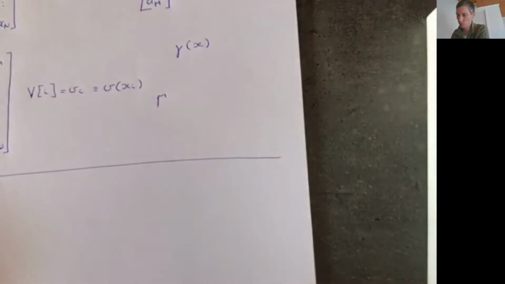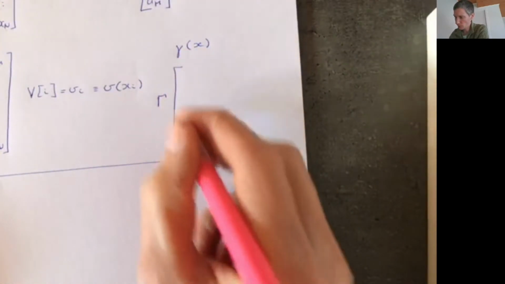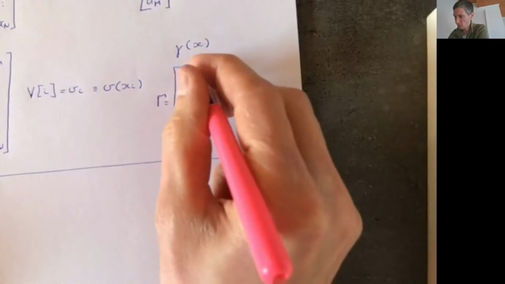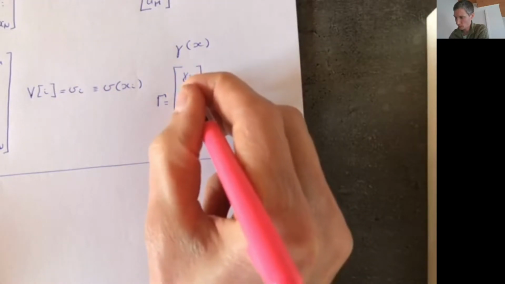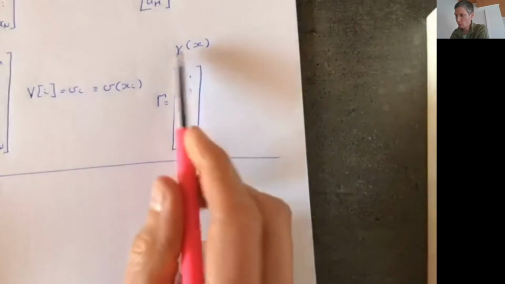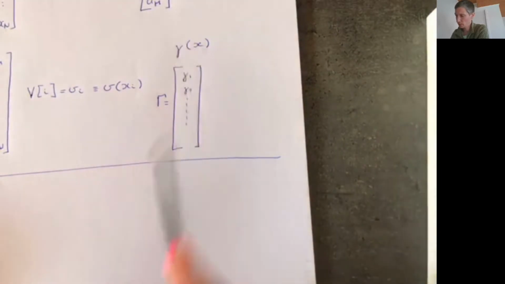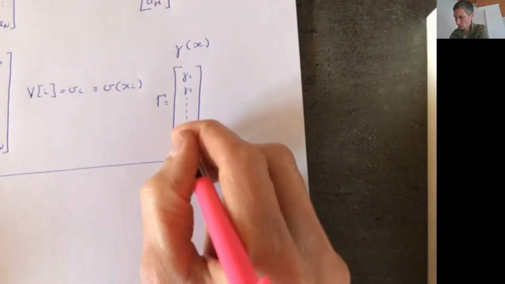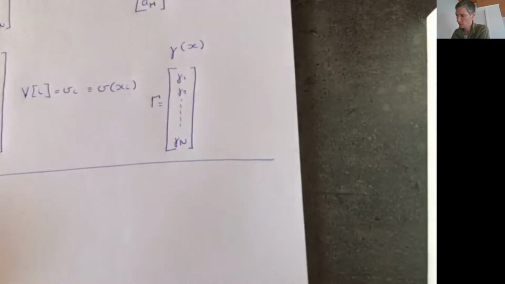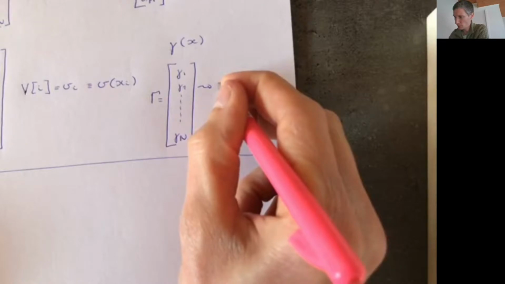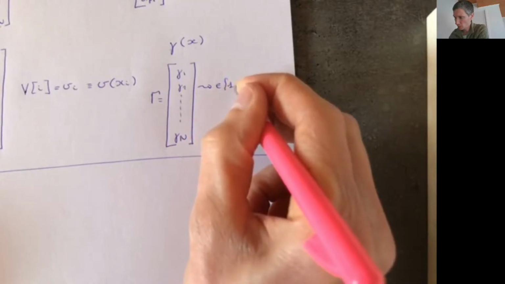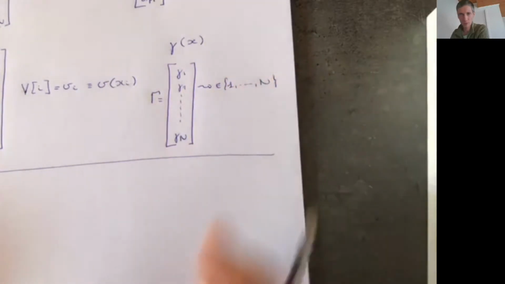So we're going to store the solution of this problem into a vector gamma of numbers, equal to gamma 1, gamma 2, and so on. We will need a gamma for every x, so n of them. And the idea here is that these will be elements of 1 up to n.